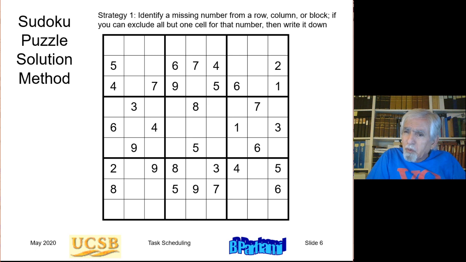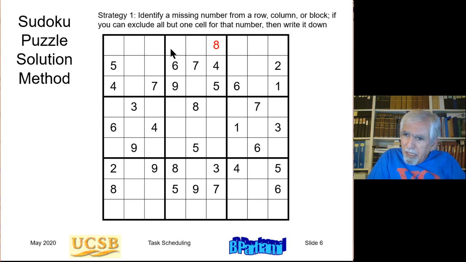Okay, so strategy 1 for solving Sudoku is identifying a missing number from a row, column, or block. And if you can exclude all but one cell for that number, then write it down. So for example, in this box, I need an 8.